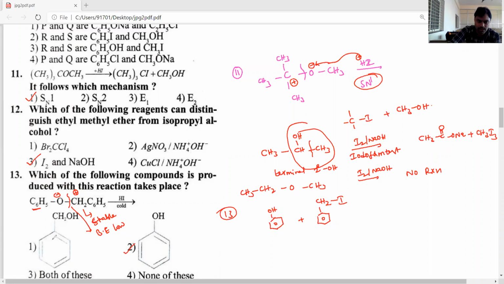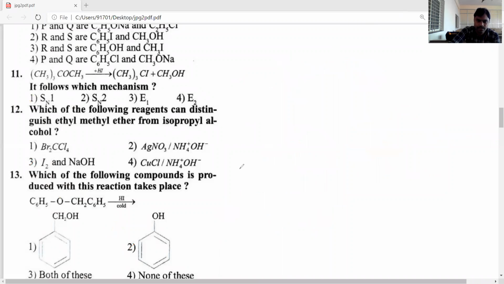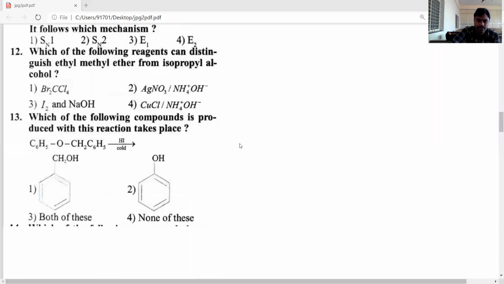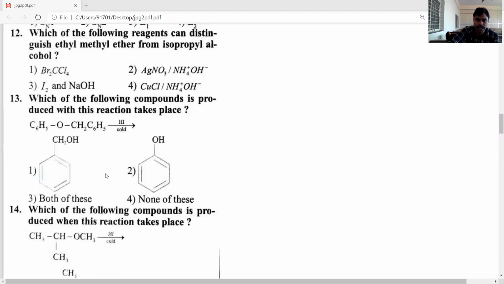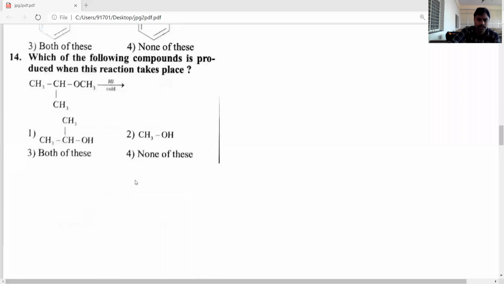The second option is possible. Benzyl alcohol is not possible. The possible products are phenol and benzyl iodide only. Both of these, 1 and 2, are not possible; only 2 is possible. Okay, let's see the 14th question, dear students.